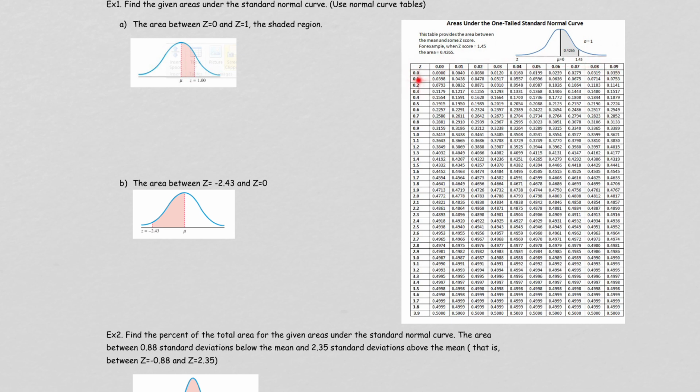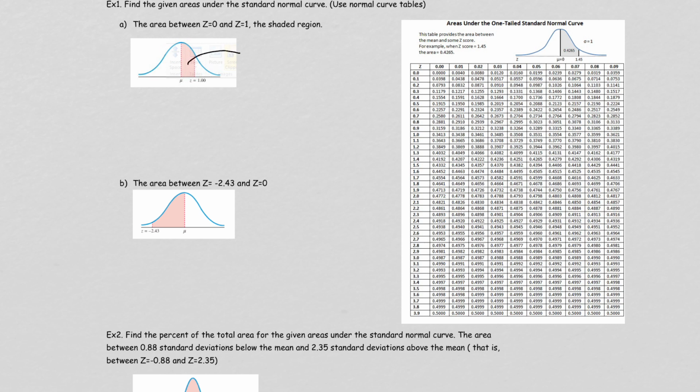So 0.15 will be this value right there, because it's under 5 in the hundredths units. But right now we're looking for when z is equal to 1.0, so 1.00 will be that value. So the area between those two z-scores is going to be 0.3413.